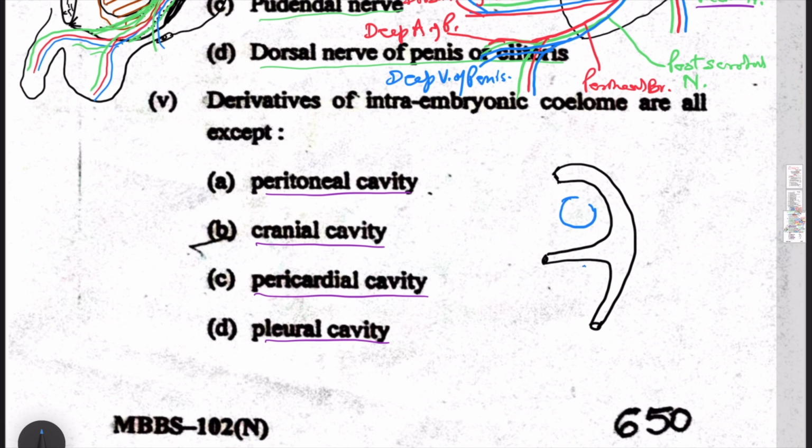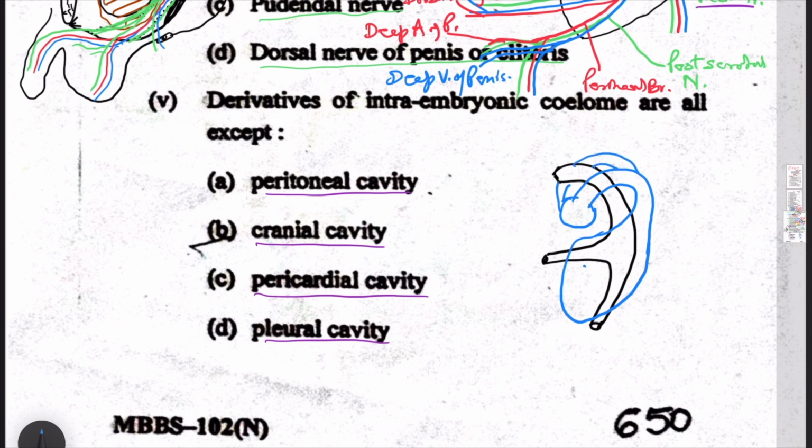And the rest of this was surrounded by a bigger cavity from all sides, right? This cavity was connected to the pericardial cavity like this on both sides, right?